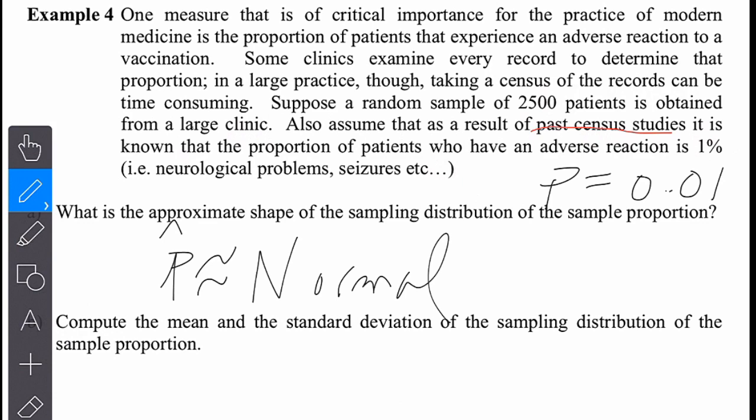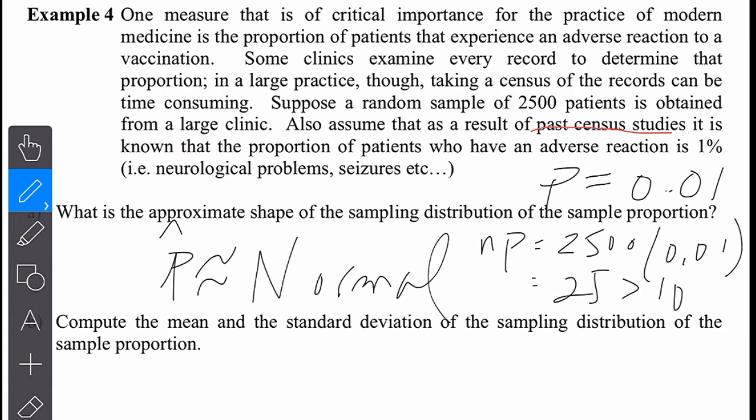Since n times p, 2500 times 0.01 is 25, and that's greater than 10. And n times 1 minus p is even bigger, right? Because it's going to be 2500 times 0.99.